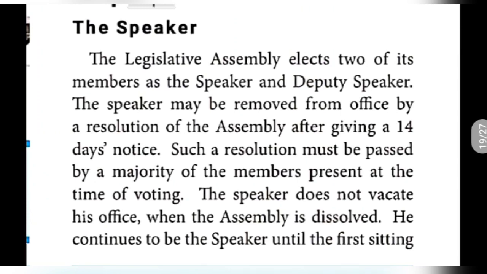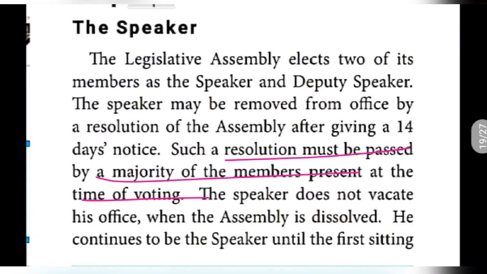Such a resolution must be passed by the majority of the members present at the time of voting. At the time of voting, the majority of members should be present. Then only it will be effective, like that they are telling.